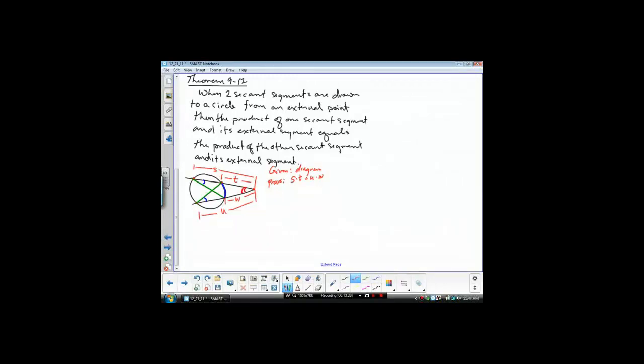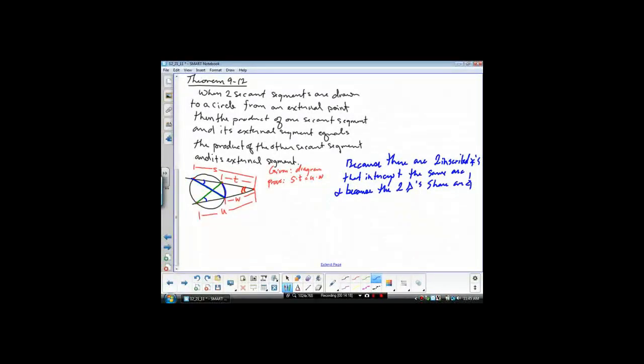So, because there are 2 inscribed angles that intercept the same arc, and because the 2 triangles share an angle, and I wasn't really clear about what 2 triangles we're talking about.